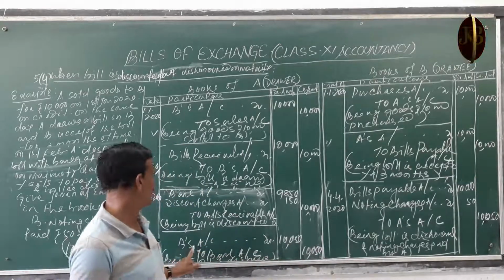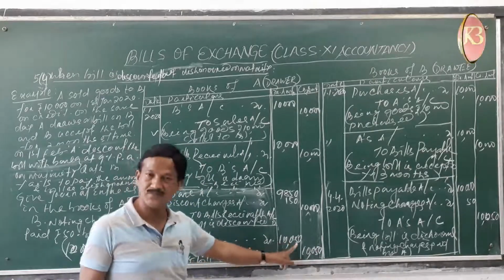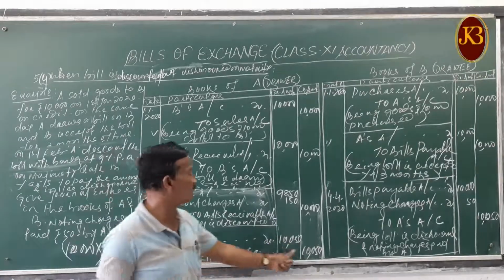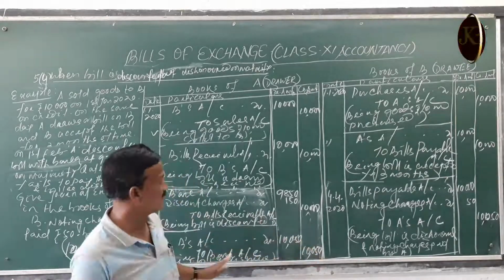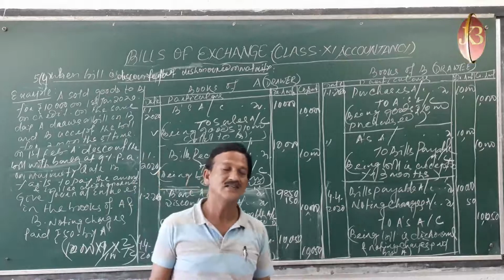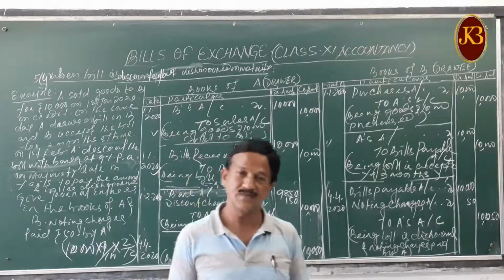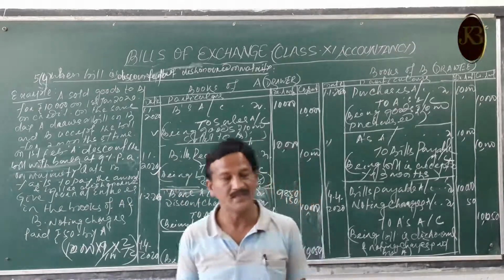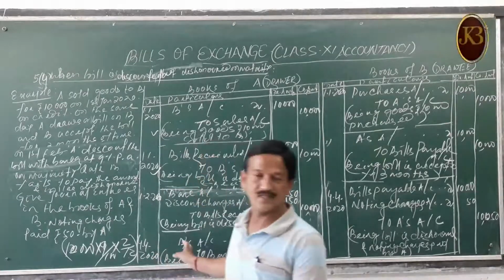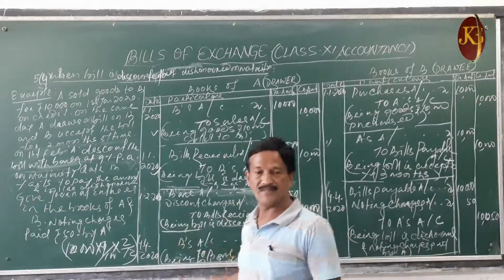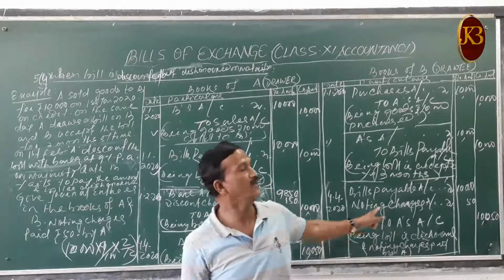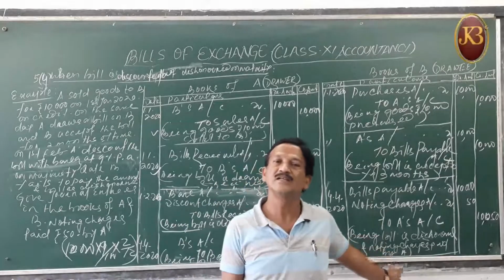So that is the full amount: drawee's account debited 10,050 rupees to bank account 10,050 rupees. Being bill is dishonored and amount received by bank from B. So that is indirectly it will receive from B. A will pay the amount to the bank and A will receive from the drawee.